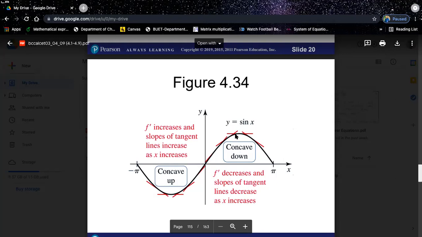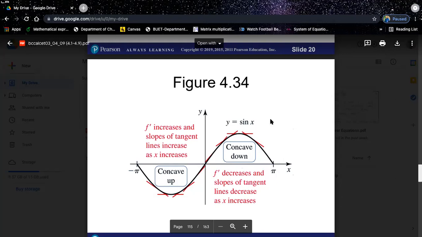That's why the first derivative is 0. If we draw tangent lines here, these will be positive. Here it will be 0, and afterwards it will be negative. That means you can clearly imagine that it is slowly getting decreased. The slope of the tangent is decreasing as you are moving to your right.